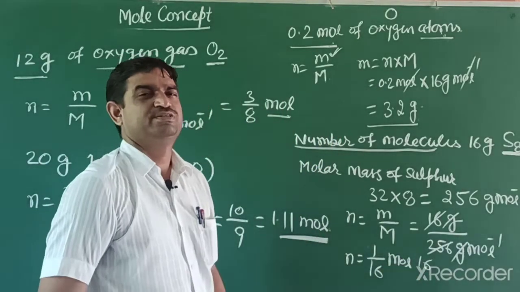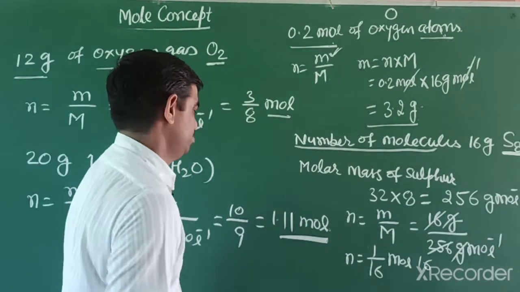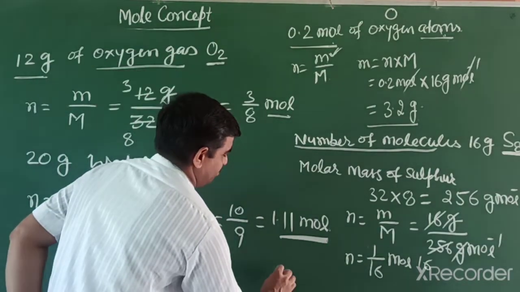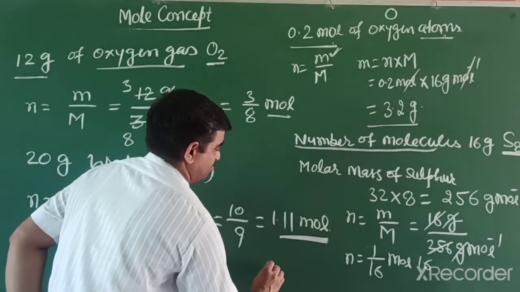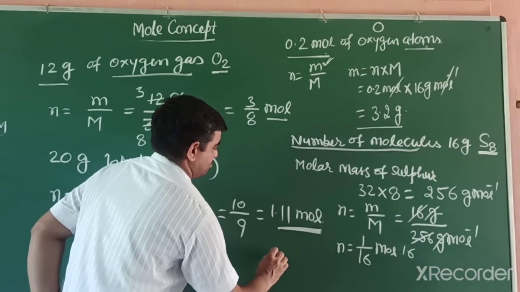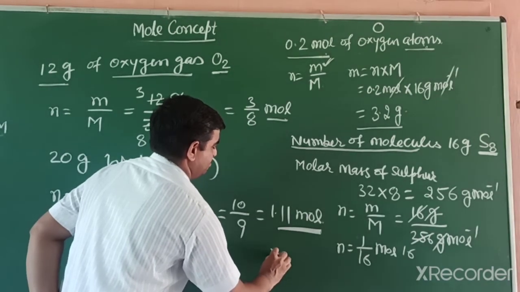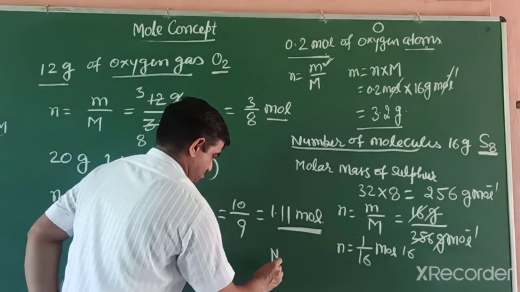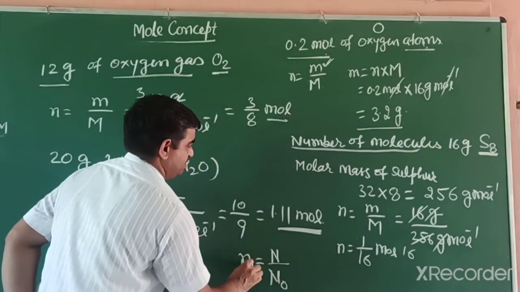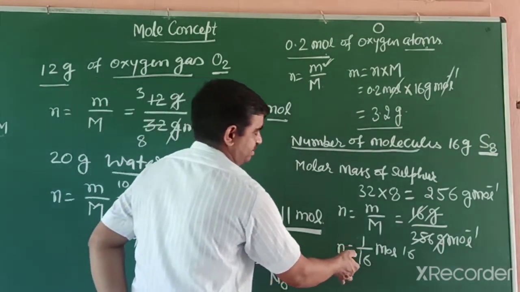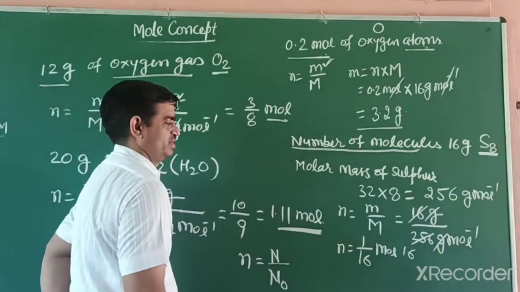So students, you know 1 mole has Avogadro number of particles. So the number of molecules we can find. Another formula is number of molecules divided by N0 is equal to n if mole is given, or we can directly multiply by Avogadro number.